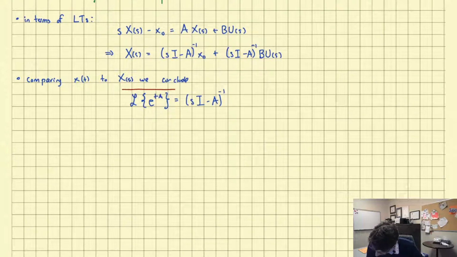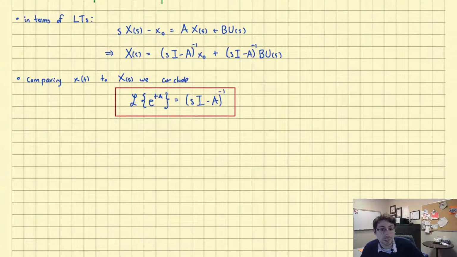Okay, and so this is very evocative of our discussion that we had in discrete time, right? Where in discrete time, we talked about the Z transform of the transition matrix being a certain quantity, and here we're finding that the Laplace transform of the matrix exponential is another quantity, and actually quite a similar quantity, in fact.